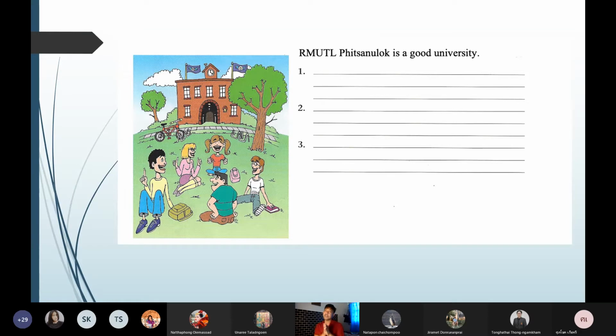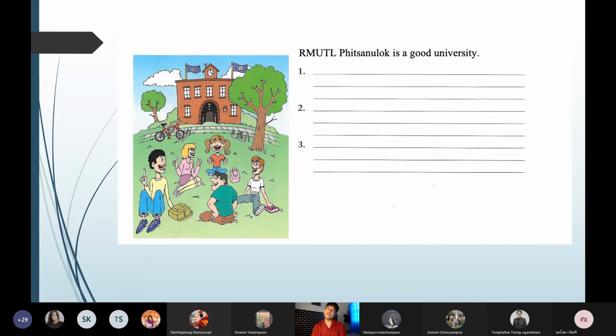Okay, again, let me just discuss. Your topic is RMUTL is a good university. Number one, why is it a good university? Because it is friendly. How is it friendly? The detail: everybody knows each other, because it has fewer students. Number two, RMUTL is a good university because it has a clean environment.